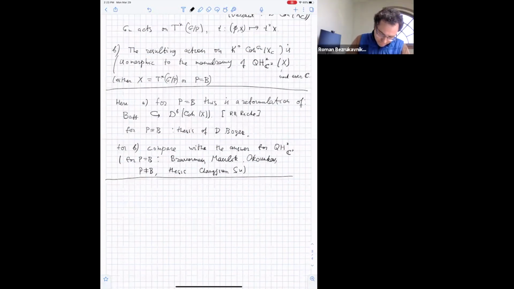Basically, to talk about this, we will need to focus on the stalks of this local system on the compact torus inside the complex torus. And it will be convenient to work in log coordinates.